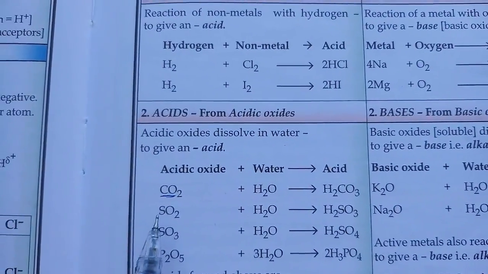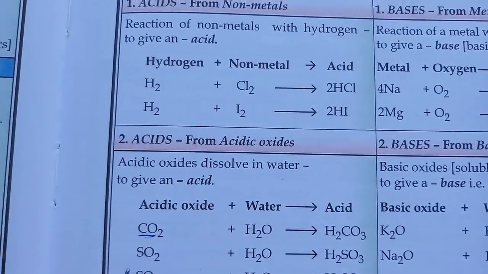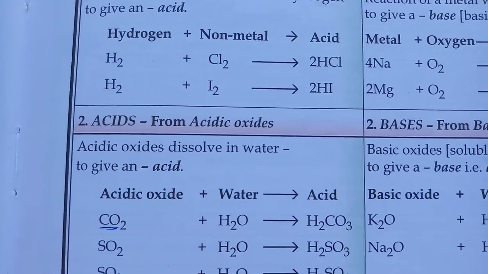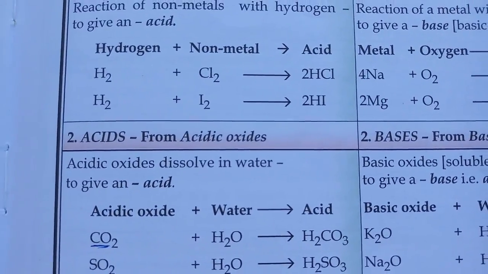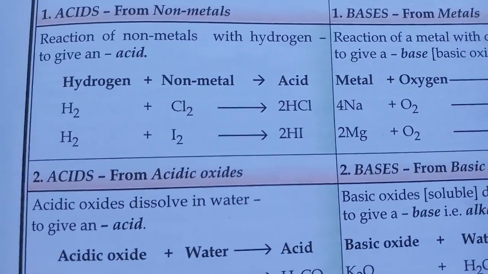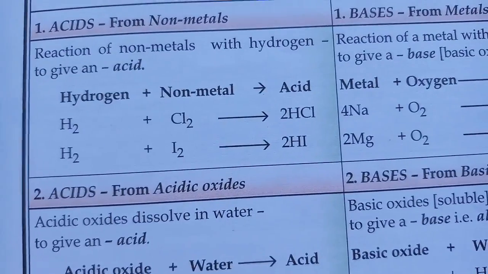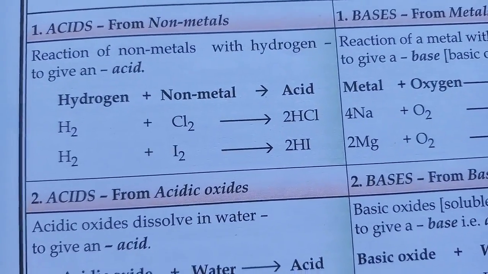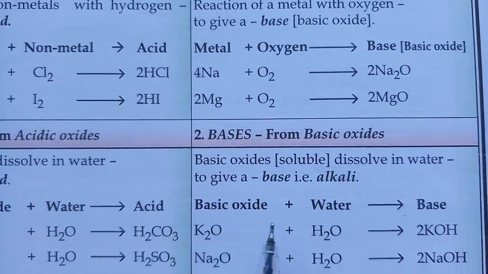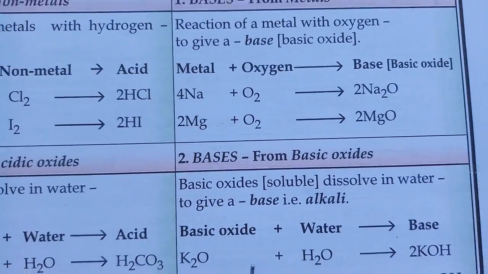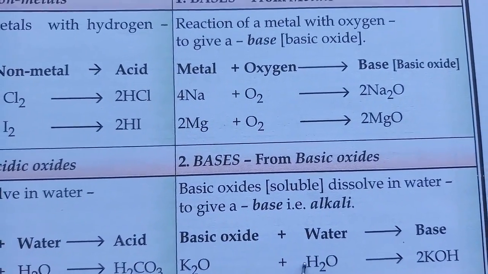Same way, if we take a look at SO2 and SO3 and P2O5, phosphorus pentoxide, they react with water and give you acid, right? So we call them acidic oxides. If you look at the other way, basic oxides are the oxides which react with water and give you base.